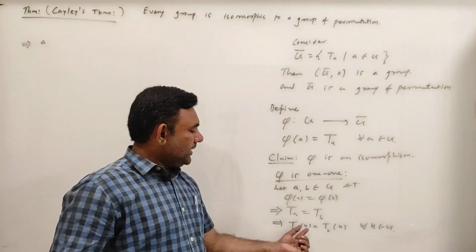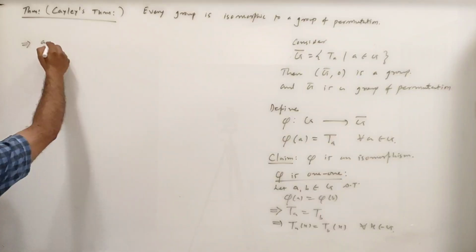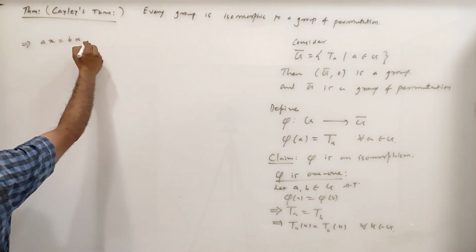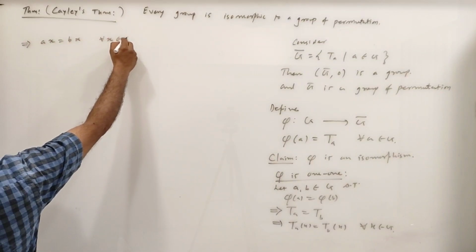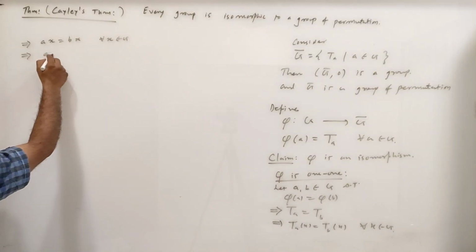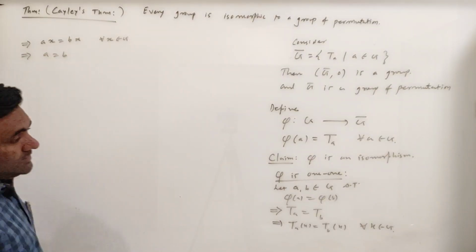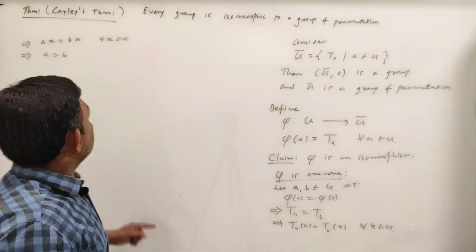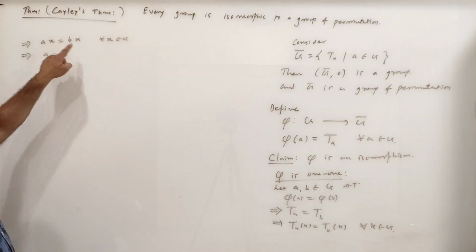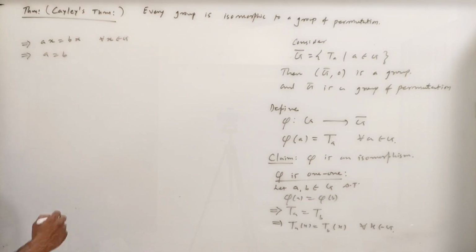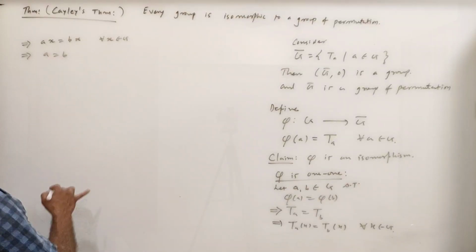It is just A into X. So AX is equal to BX for all X belongs to G. So it gives me A equal to B, because X is in G and G is a group, so you can operate X inverse on both sides from the right side. So A equal to B.